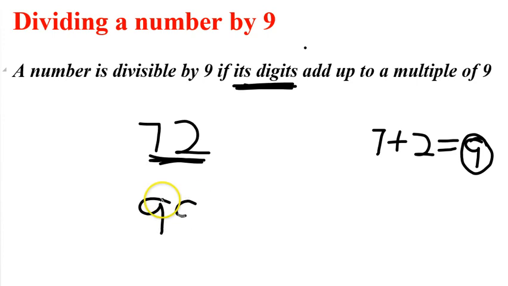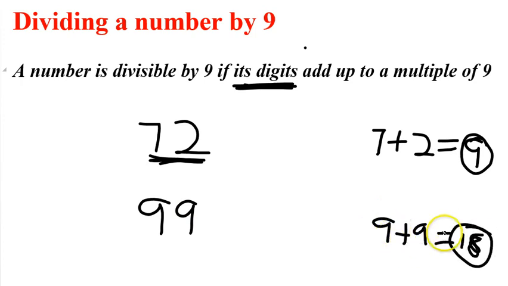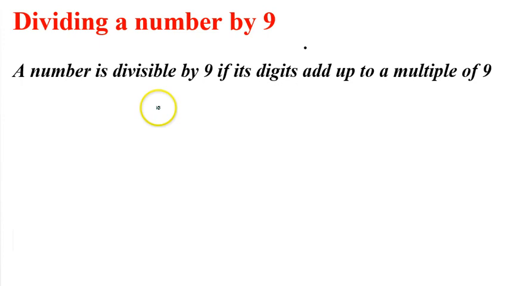What about 99? Is 99 divisible by 9? Okay, so 9 plus 9 is 18. 18 is a multiple of 9, and so 99 is divisible by 9. What if I have 117?